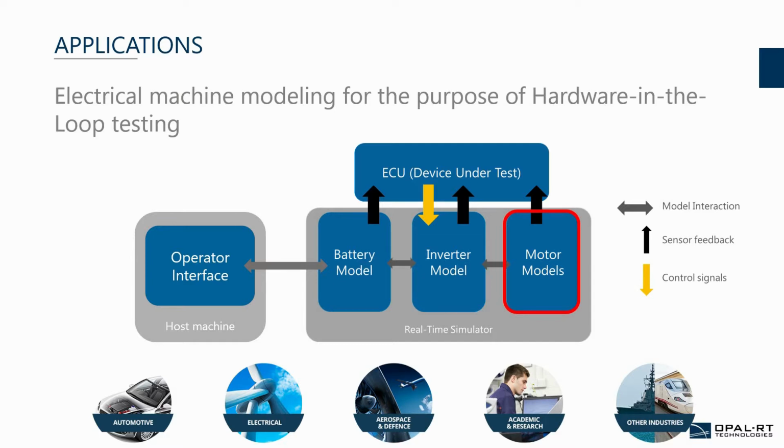This obviously includes the automotive industry, but electrification is starting to be a large topic in other industries such as avionics, as well as alternative energy sources like wind and solar. All of these trends are opening up opportunities for hardware-in-the-loop, and most require some sort of electrical machine to be simulated.